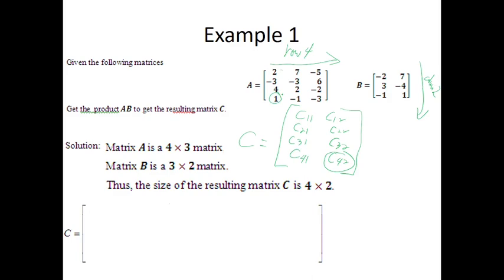Row 4 element, now, this first one in row 4, and also the first one in column 2. So 1 times 7, plus negative 1 times negative 4, plus negative 3 times 1.